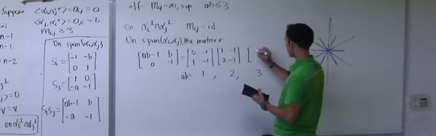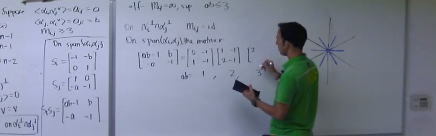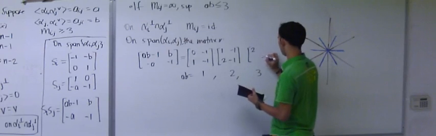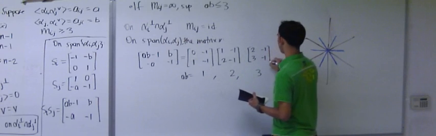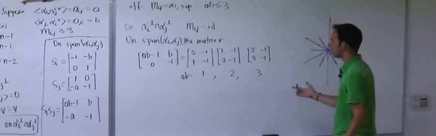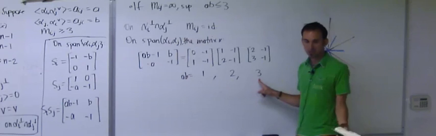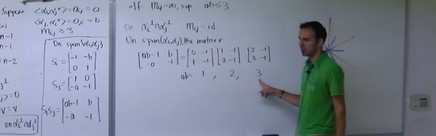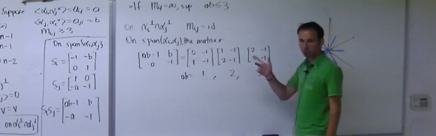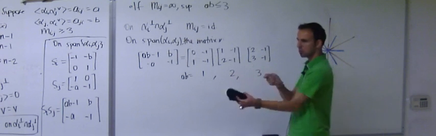And in this case, we get 2, minus 1, 3, minus 1. The point is, for example, if AB is 3 and they're both integers, there's not a lot of possibilities. They have to be 1 and 3.